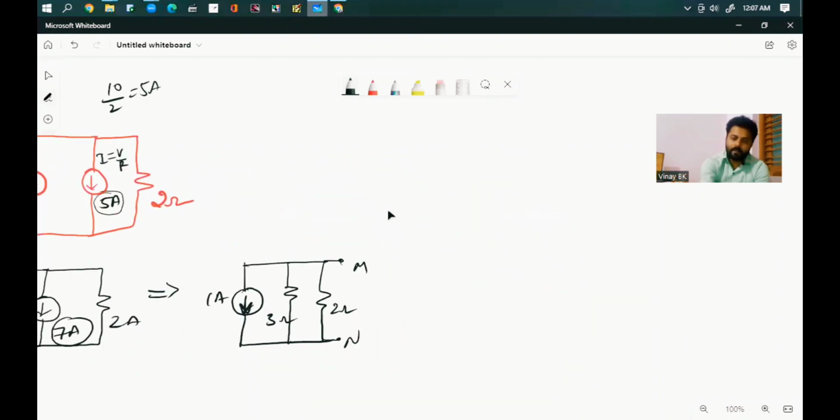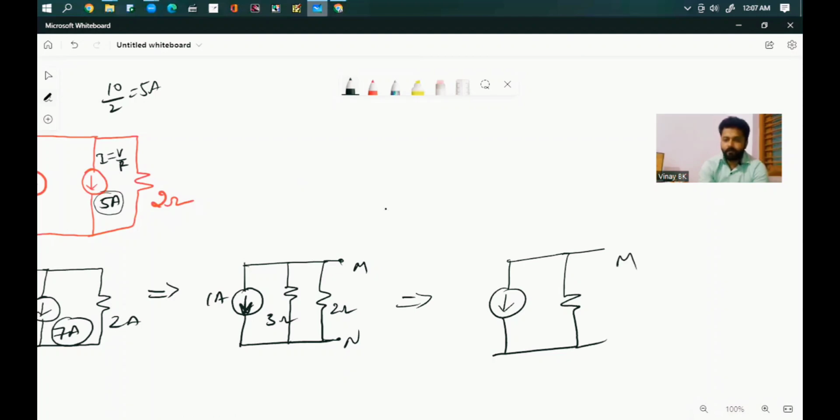Two resistors are connected in parallel, so you can rewrite 1 ampere downward with respect to the equivalent resistance R equivalent across M and N. This R equivalent is given by 3 into 2 divided by 3 plus 2, 6 by 5, which is nothing but 1.2 ohms.